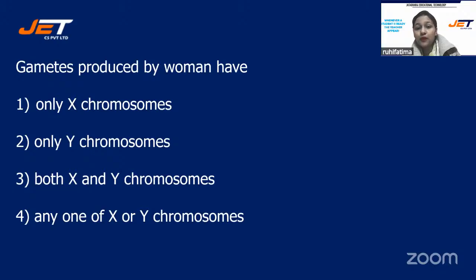Gametes produced by women have only X chromosome, only Y chromosome, both X and Y chromosome, or any one of X and Y chromosome. All right, there are mixed responses for this question. I'm revealing the correct answer, students. The correct answer will be option number one, only X chromosome. Those who have selected one, you all are correct, students.